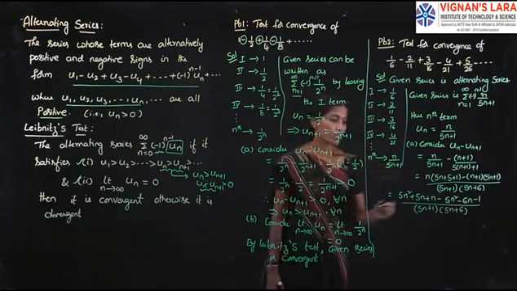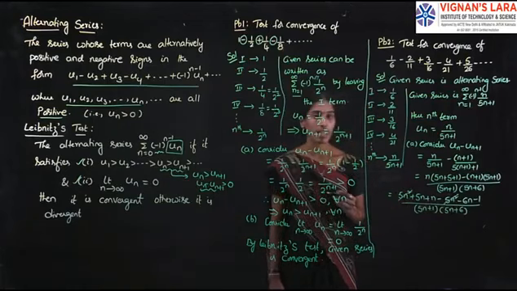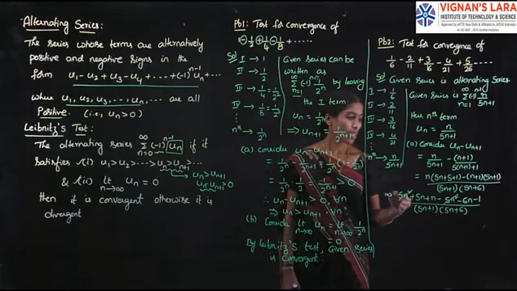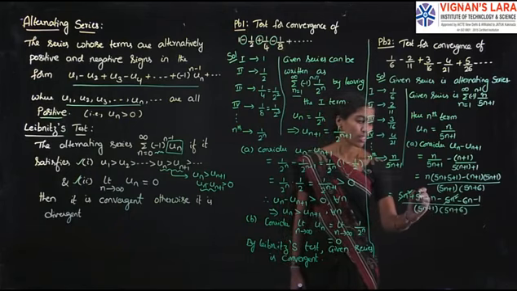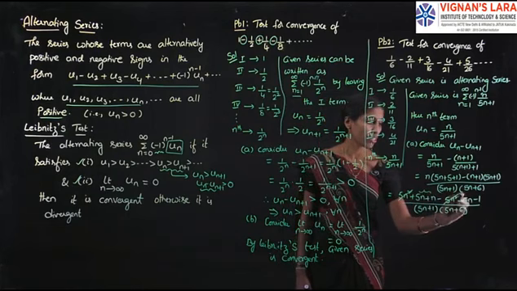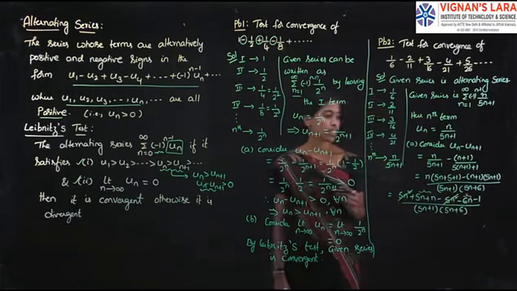Right? So 5n square gets cancelled. Now what is remaining? 5n plus n, 6n, cancels with this minus 6n, right?